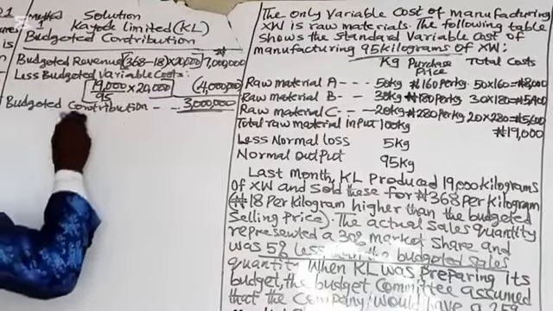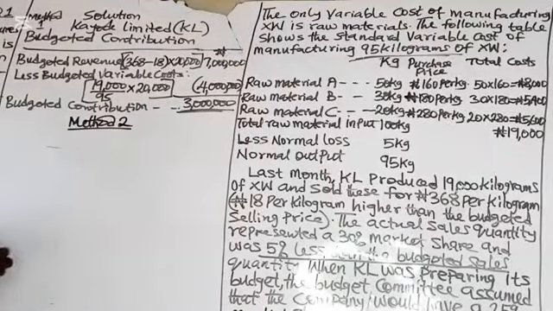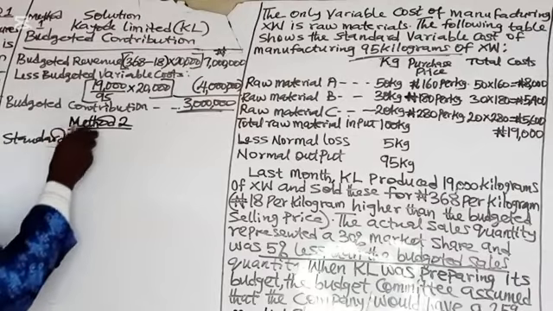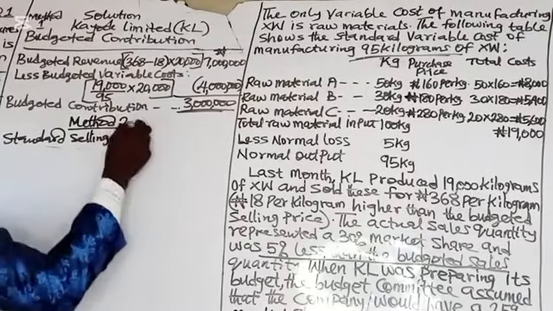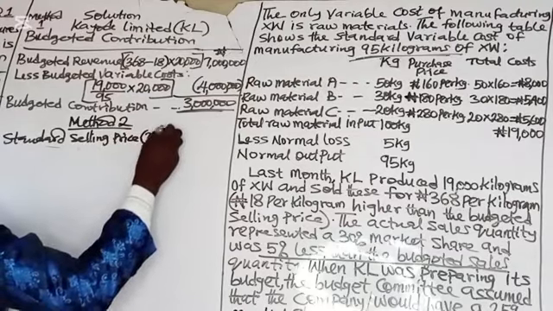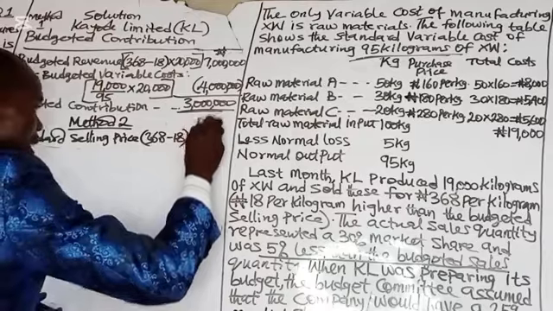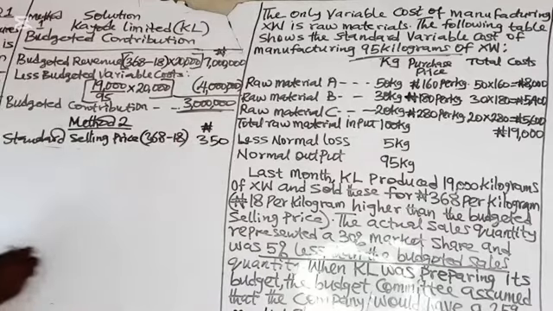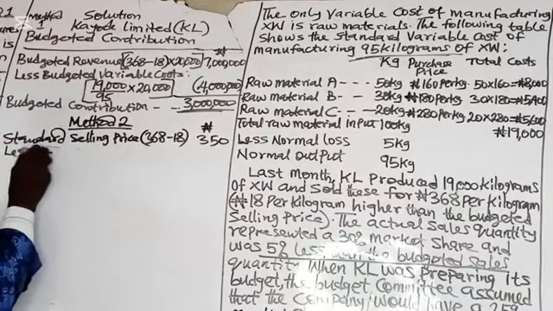Method 2, calculation of budgeted contribution. You have the standard selling price, that amounted to 368 minus 18. You know the 368 is the actual selling price. If you subtract that, then you have 350. That is the standard selling price. Then less standard variable cost.